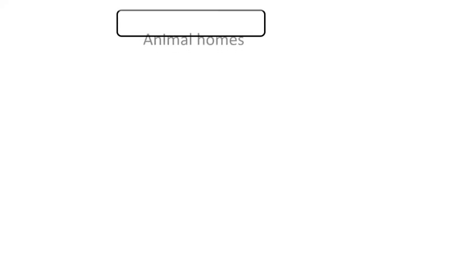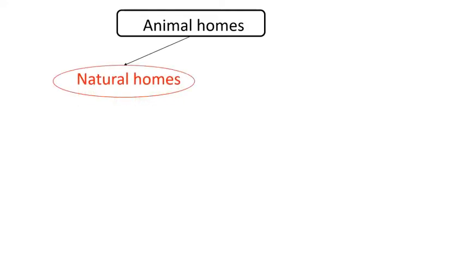Yes, some animals build their own houses to protect themselves from the bad weather and also from their enemies. And the houses that are built by animals for them to live, such houses are called natural or self-made homes.